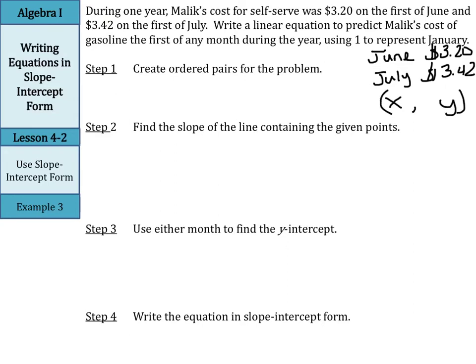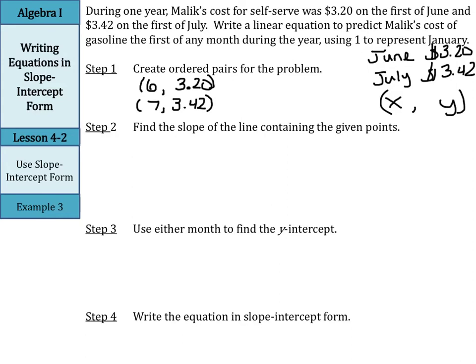Now, if 1 is January, then if you count your months, June would be 6. So June would be represented by (6, 3.20), whereas July is the 7th month of the year, so it would be (7, 3.42), or $3.42.